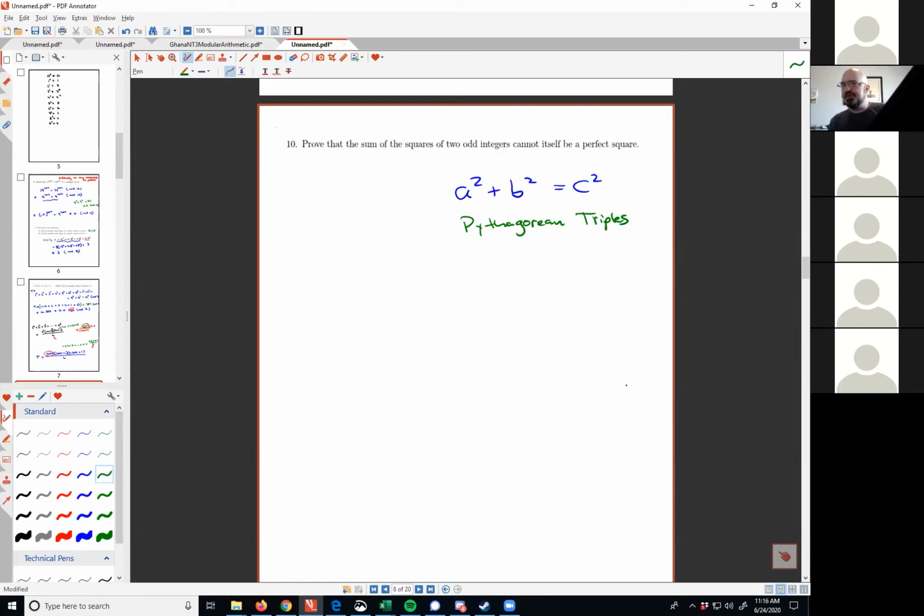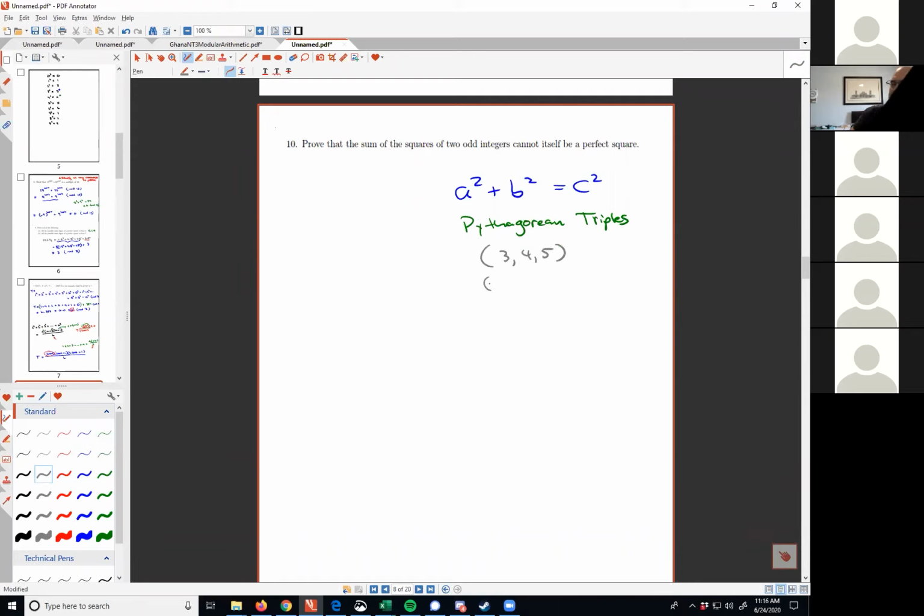Have any of you heard this term before, Pythagorean triple? Yeah, kind of. What's an example of a Pythagorean triple? 3, 4, 5. What's another? 12, 7, and 13. Or is it?